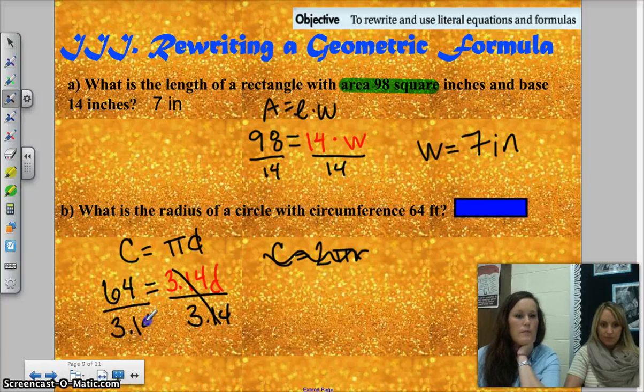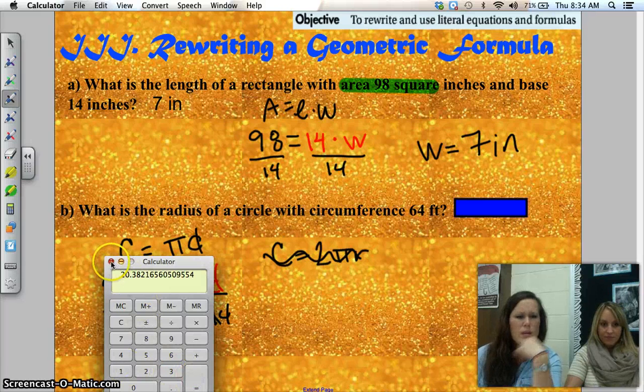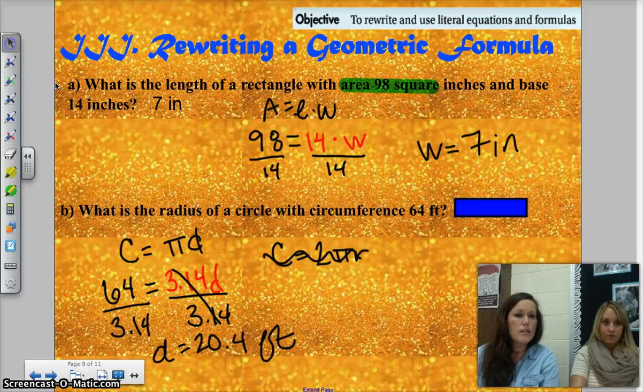D equals 64 divided by pi, or 64 divided by 3.14. Running short on time. That equals 20.38, or 20.4.